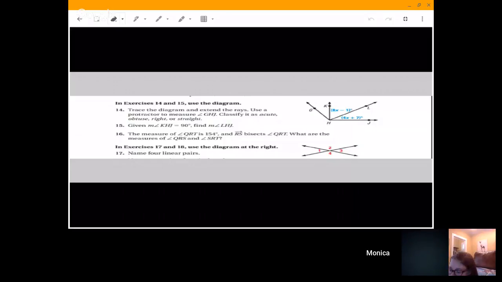So if we know this area here is 90 degrees, then this angle plus this angle are going to equal 90. So you would add 8x minus 1 plus 4x plus 7.